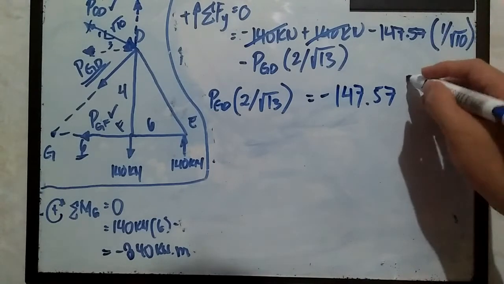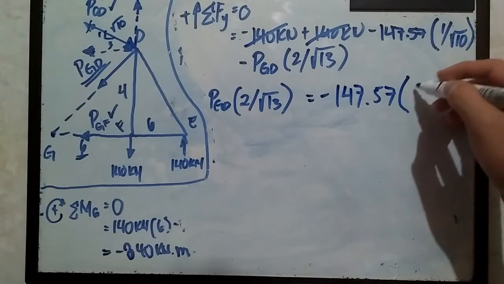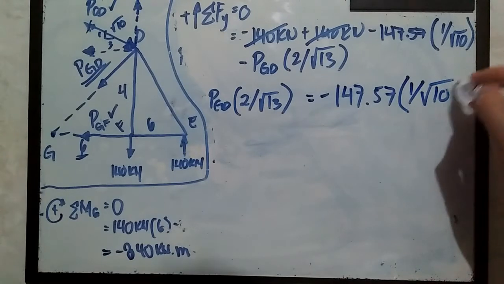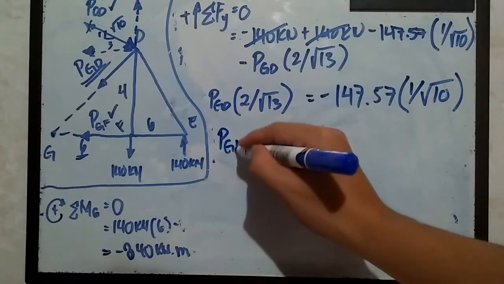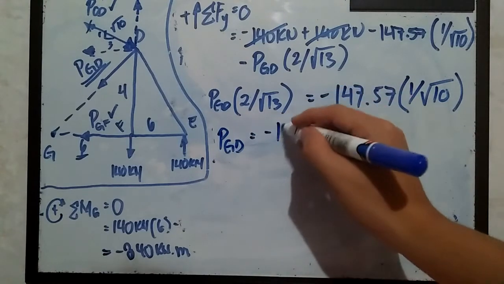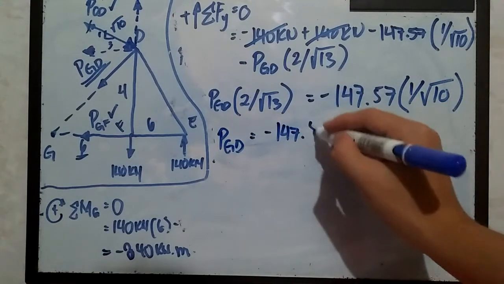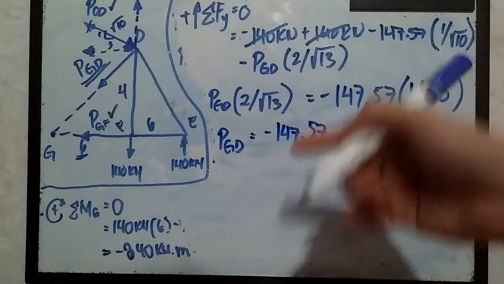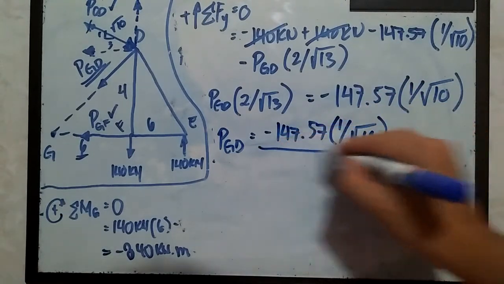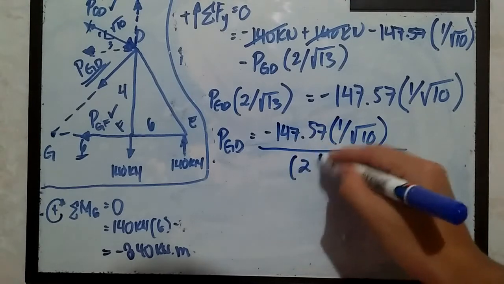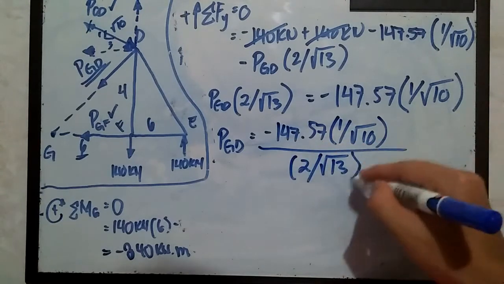I'm just going to retain the unit first so that I can save some space. Dividing both sides by this, P sub GD is equal to negative 147.57 kilonewtons, 1 over square root of 10 divided by 2 over square root of 13.